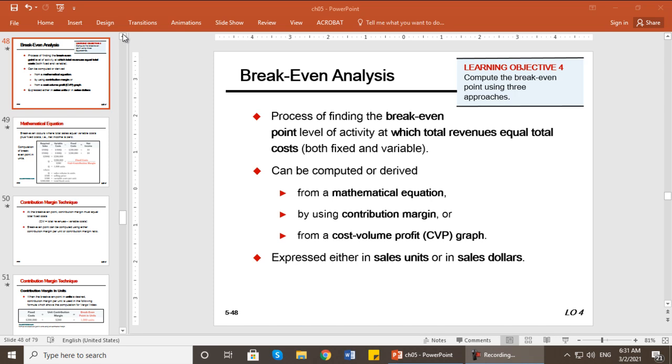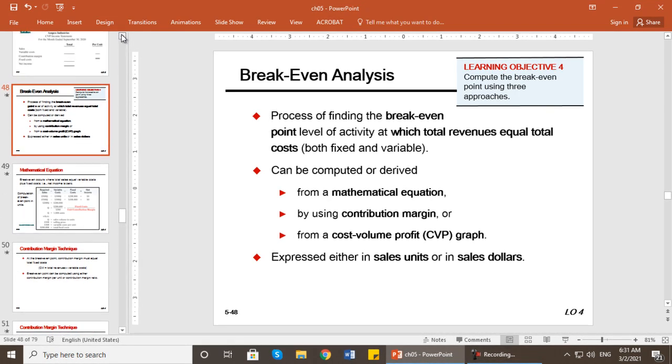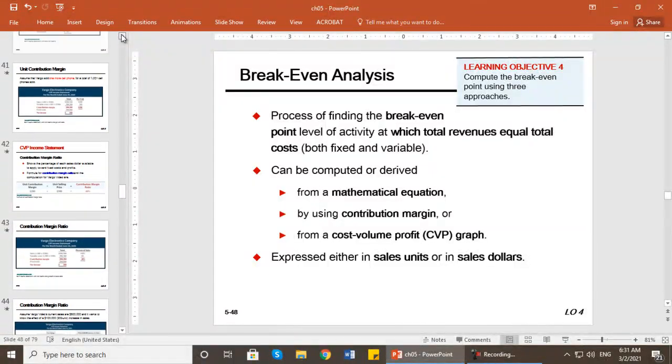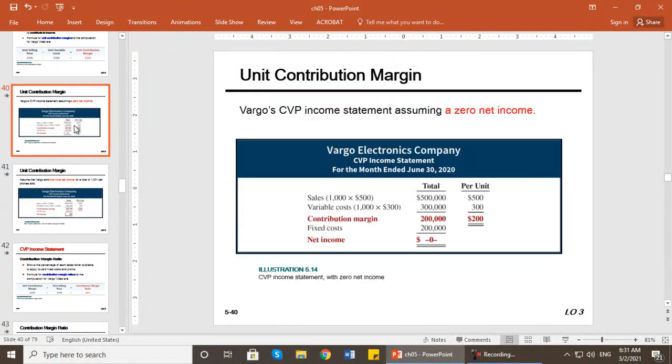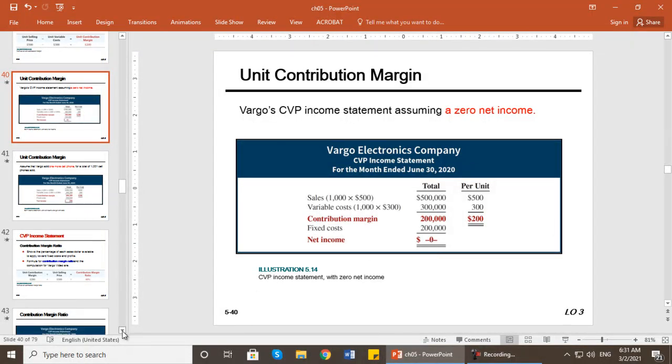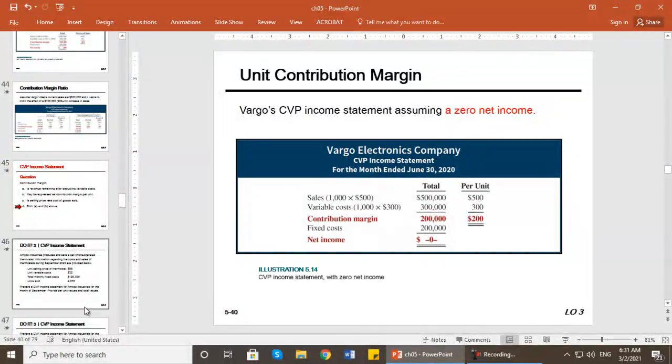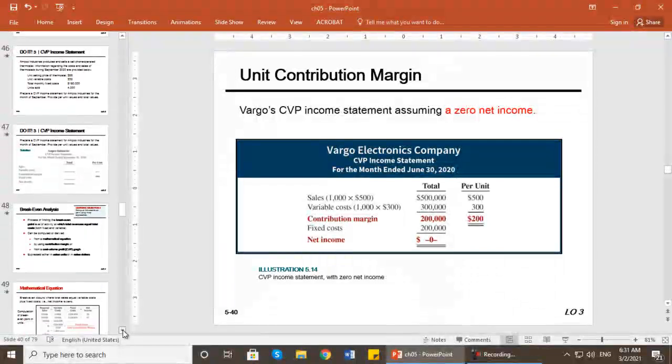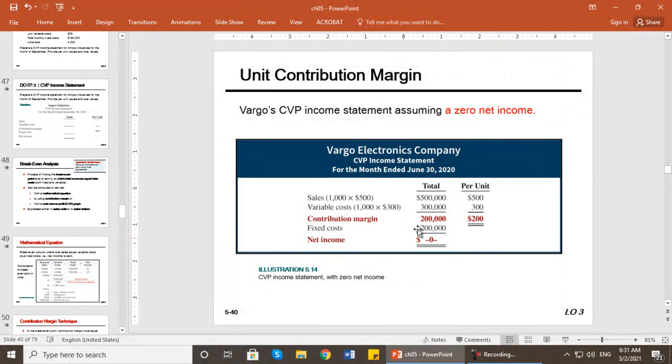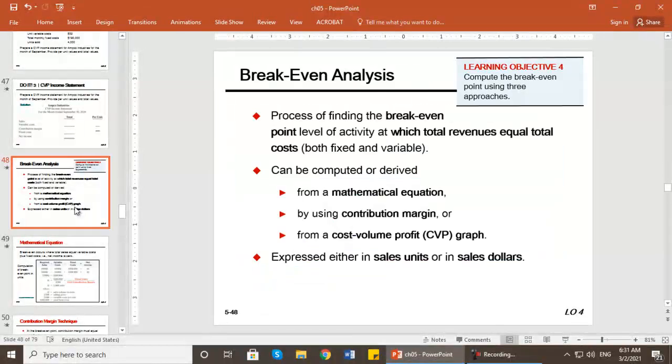When we have 0 net income, we are on break-even.